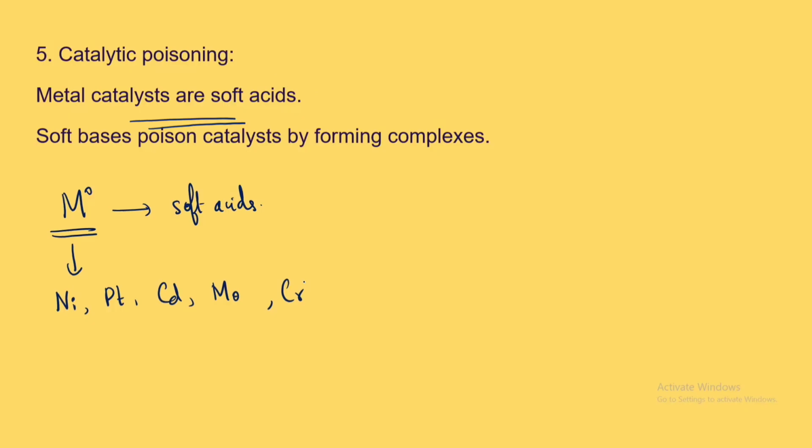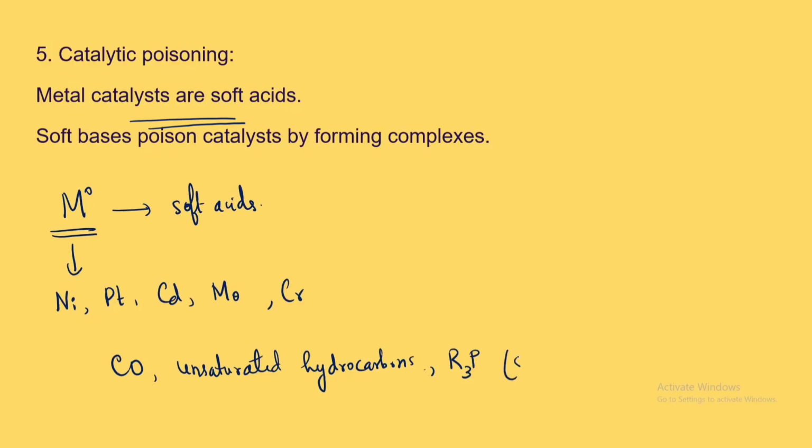Now, these can be poisoned by certain substances like carbon monoxide, or unsaturated hydrocarbons, like alkenes, alkynes, or dienes, even the arenes, okay? Along with that, R3P, right? Trialkyl phosphine. So all these can be used to poison these particular metal catalysts, mainly because of the soft interaction.